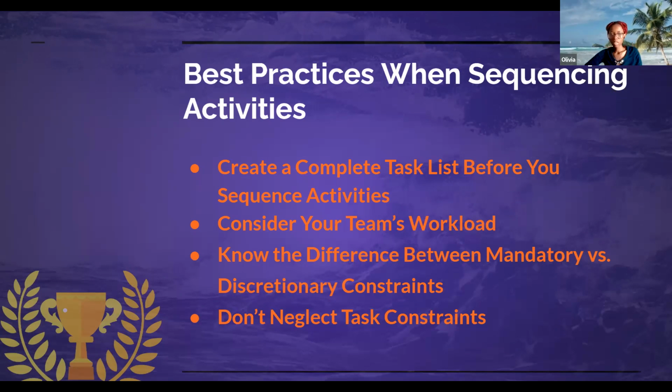So it's very important to take the project management triangle into account. That triangle revolves around three constraints, which are scope, time, and cost. So no matter what you do while you're sequencing activities, you need to make sure that everything works within this triangle.